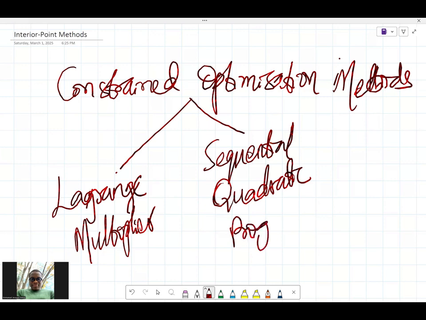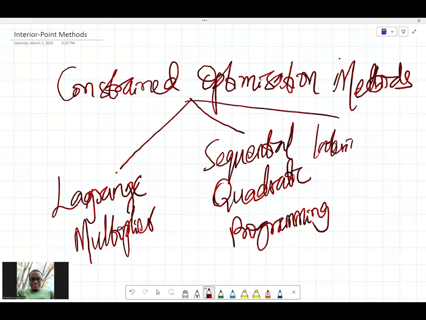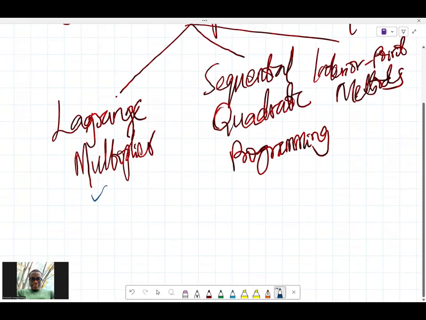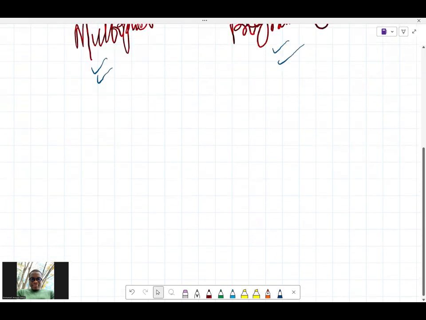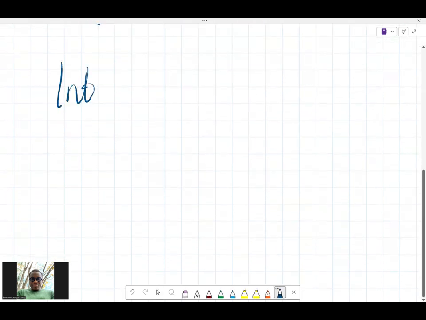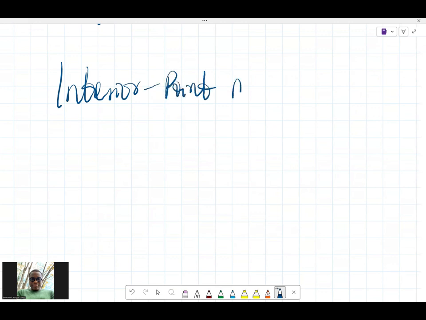And then right now, our attention shifts to interior point methods. Like I said already, this is taken care of. Now we go for this: interior point methods.